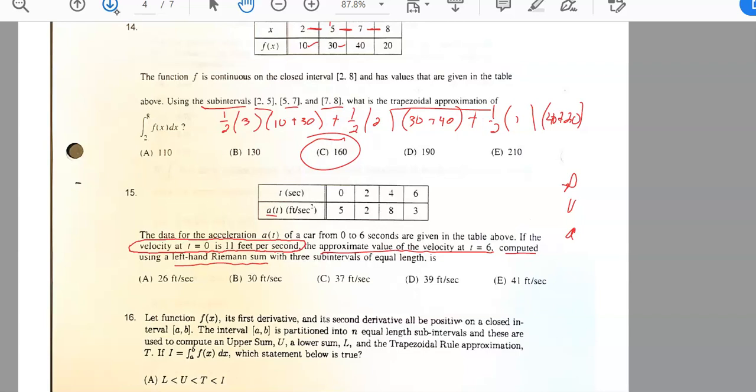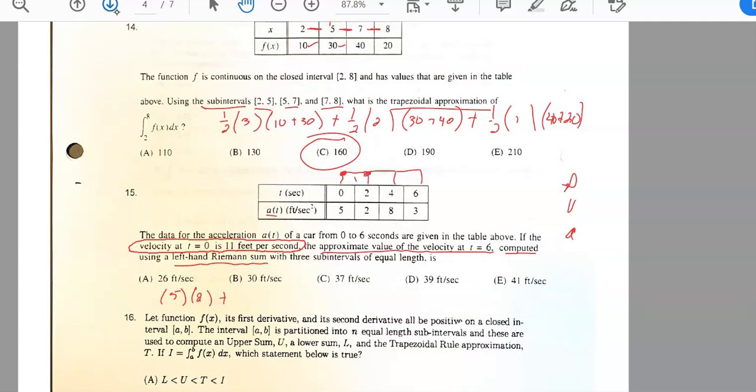So if we go ahead and set up our left Riemann sum, and if you look, the subintervals are of equal length, so 0 to 2, 2 to 4, 4 to 6, they all have equal length. So we can go ahead for rectangle number 1. We're doing left endpoint. So for rectangle number 1, its left endpoint functional value is 5, the base is 2.